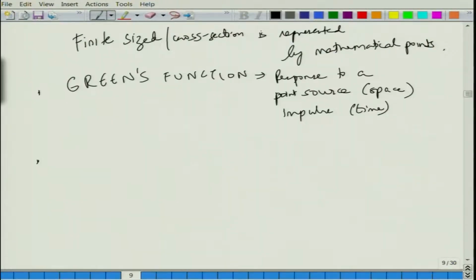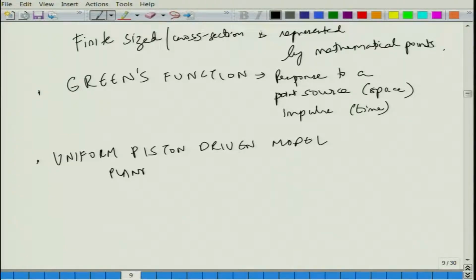The next mathematically more accurate model, which we are going to use for doing some results and comparing with 3D simulations computed previously, is the uniform piston driven model, in which you assume planar wave fronts in the port, right at the chamber port interface.